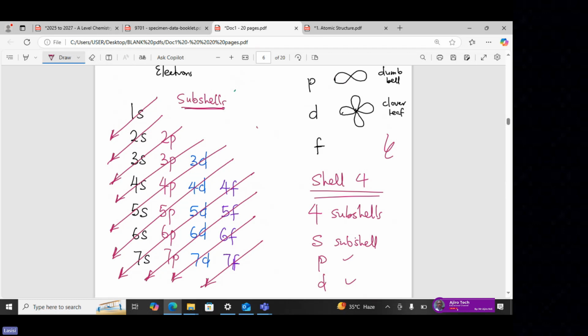Then 2s, then 2p. Go on. 3s, then 3p, 3d. After 3p, look at it very well. What's next? From 3p we go to 4s. Follow the arrow.